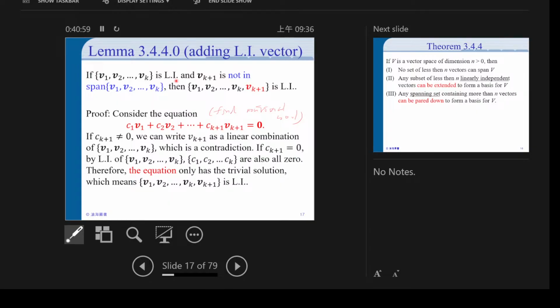Okay, I guess I don't need to write negation here. This part, I should write this part. So this part we can just say by linear independence of v1 to vk, the c1 to ck will also be 0.